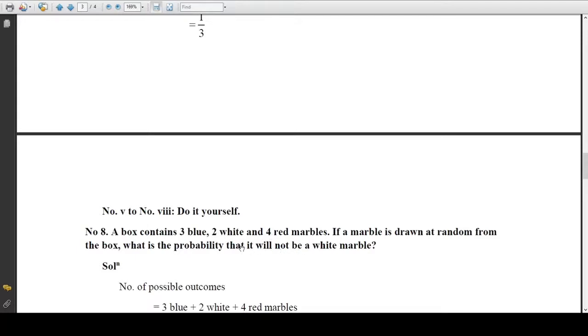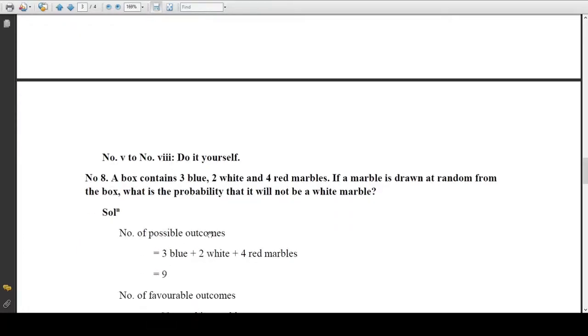The probability of not getting a white marble means only blue and red. 3 plus 4 is 7. That means 7 is the favorable outcomes, isn't it? Now here, the number of possible outcomes is the sum of all these 3 types of marbles, which is 9.